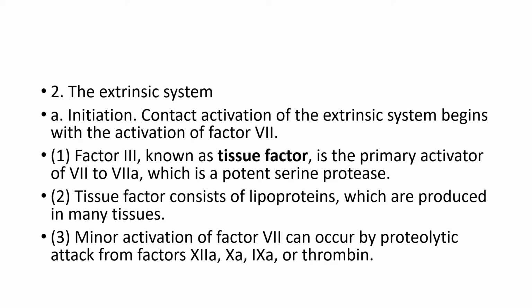It is made up mainly of lipoproteins. Aside from factor 3, other substances can also activate factor 7, but in minor form, which includes 12A from the intrinsic system, 10A, 9A, or even the presence of thrombin.